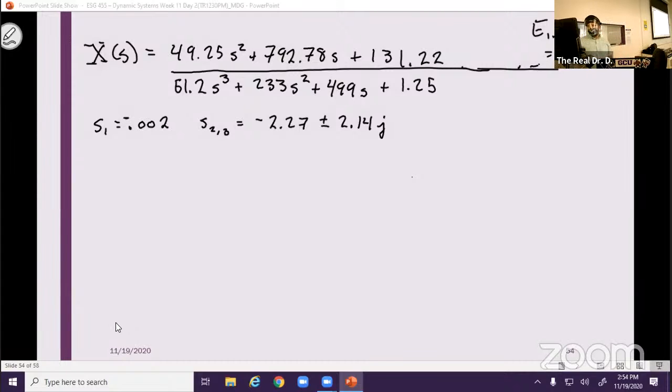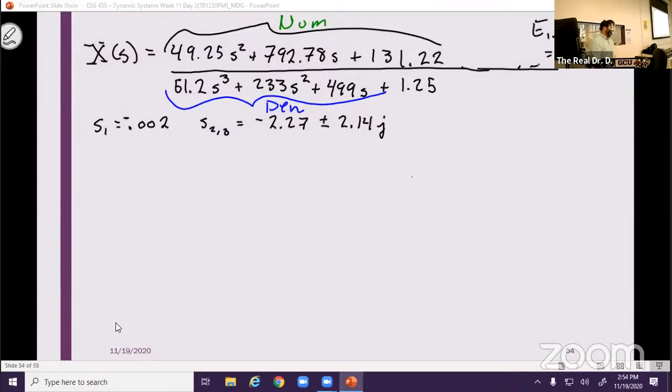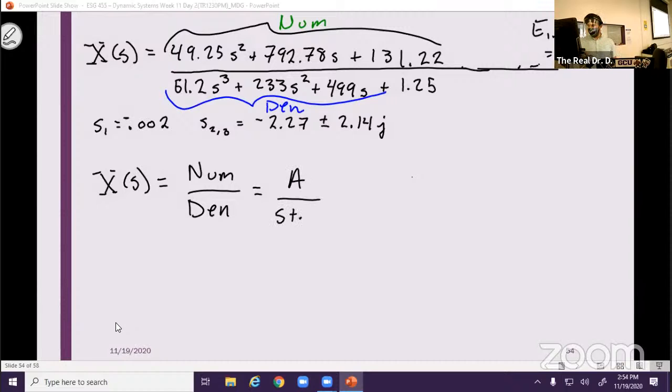Let's just quick recap. I'm going to call all of this right here num, and I'm going to call all this den. X of S equals numerator over denominator is equal to A over S plus 0.002, which, by the way, is an extremely slow part of our system.